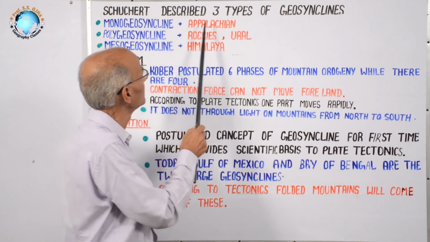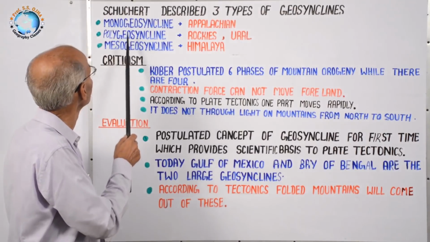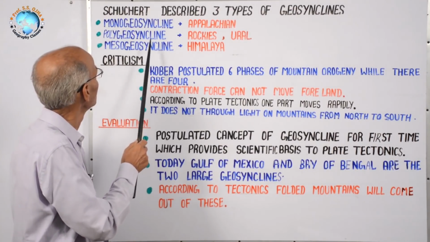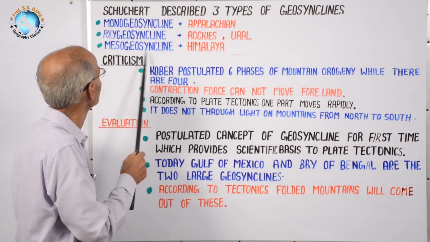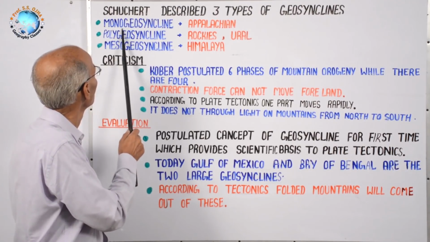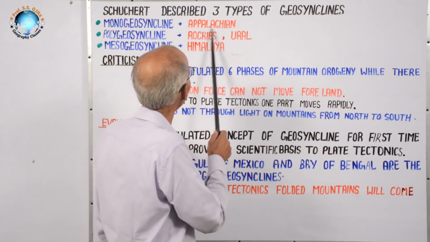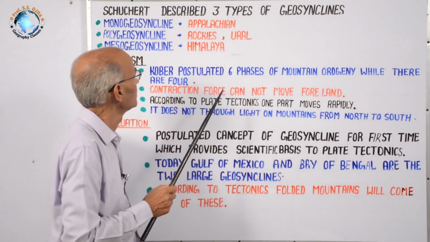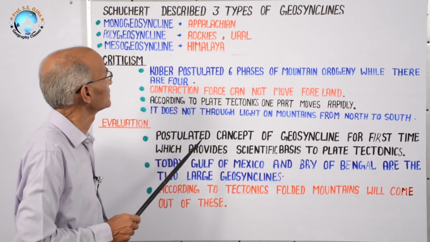He described three types of geosynclines. First is monogeosyncline, second is polygeosyncline, third is mesogeosyncline. Mono means one. One geosyncline, its examples are Appalachian, Aravalli, Vindhyan. These are examples of monogeosyncline.